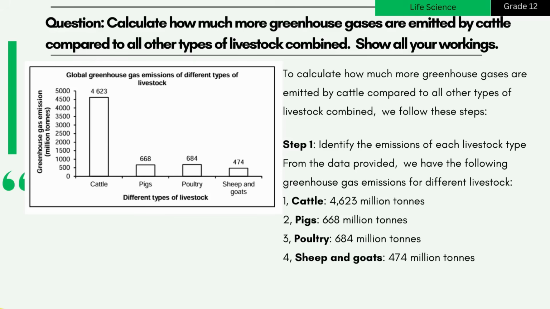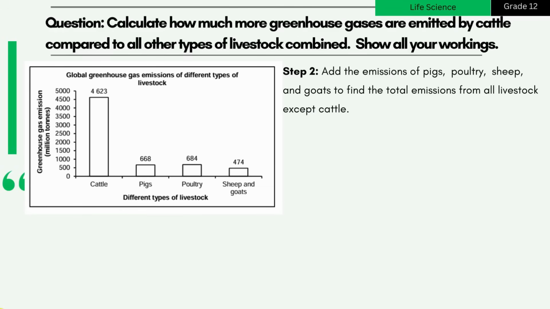From the data provided, we have the following greenhouse gas emissions for different livestock. 1. Cattle, 4,623 million tons. 2. Pigs, 668 million tons. 3. Poultry, 684 million tons. 4. Sheep and goats, 474 million tons.